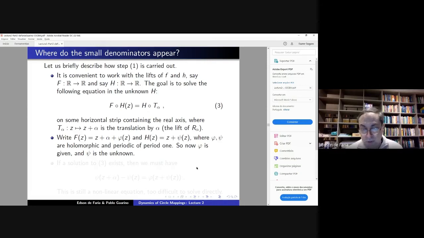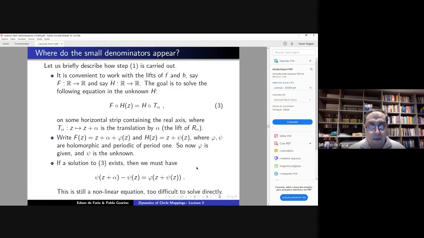If you plug this information into equation 3 that you see there on the slide, you realize that you will have to solve this equation that you see here at the bottom, right? But this doesn't look any easier than equation number 3. In fact, if anything, it looks even a bit more complicated. It's still a very nonlinear equation, and it's very difficult to solve it directly.